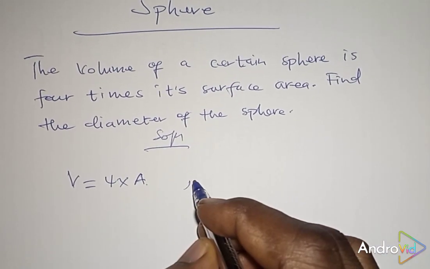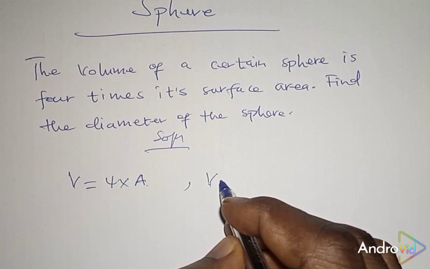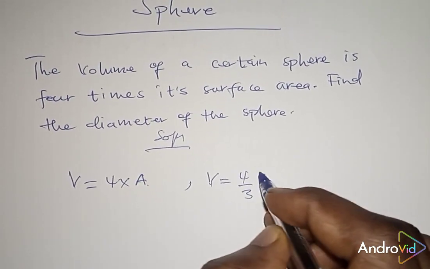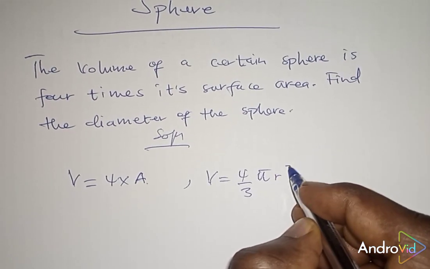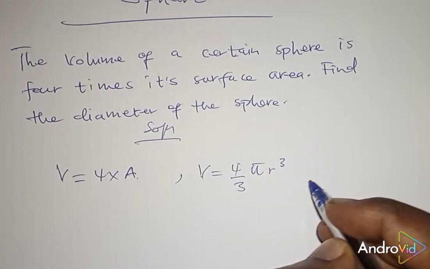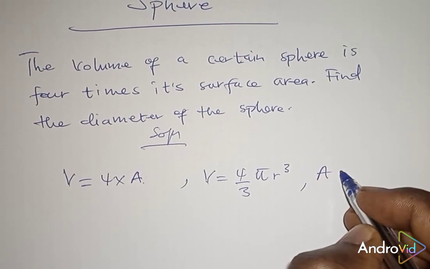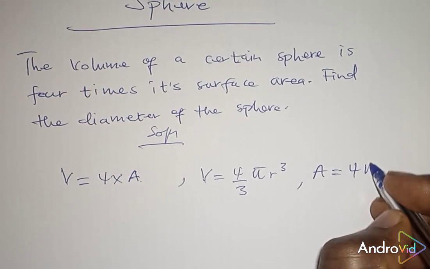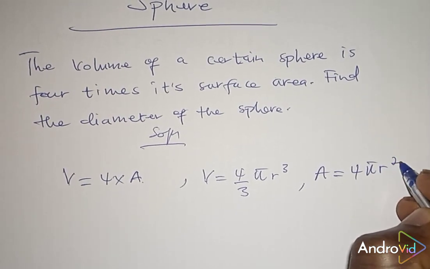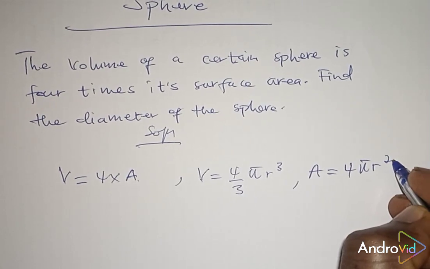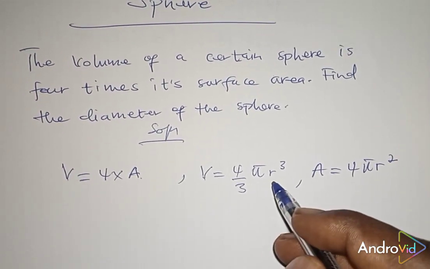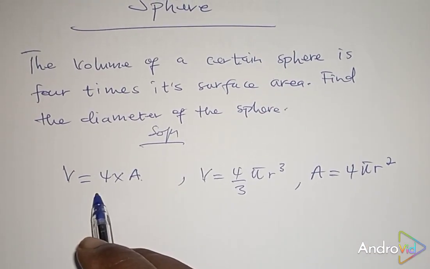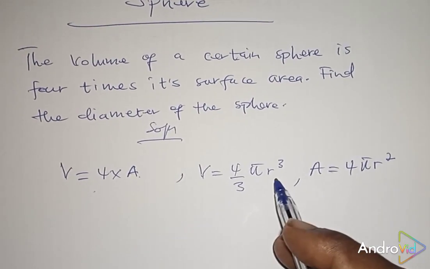But we know that for a sphere, the volume is given by 4 over 3 pi r cubed, and also the surface area A is given by 4 pi r squared, right? So here we can substitute the expression for the volume, then the expression for the surface area into our equation, and then we solve for the radius.